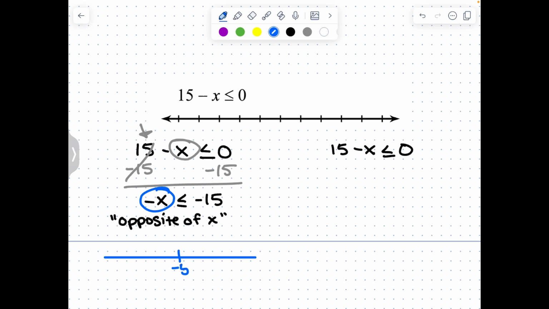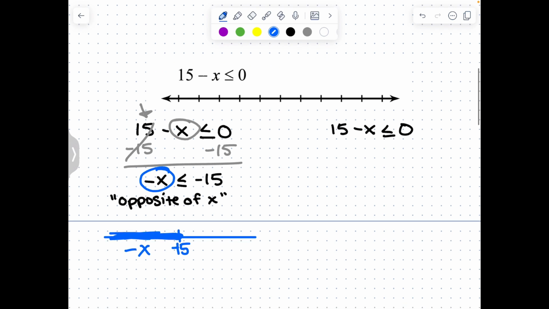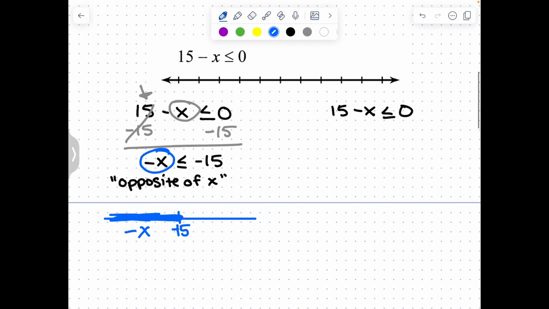So if we have negative 15, less than or equal to that, this is where negative x would be. So if we imagine the positive version of this, we'd have to consider the positive version of x, but also the positive version of 15, because the opposite of x is less than or equal to the opposite of 15.